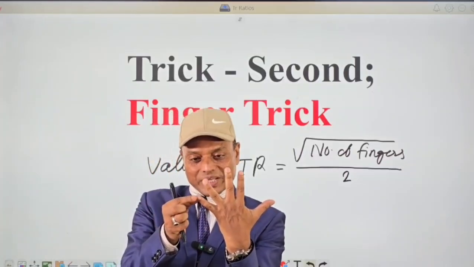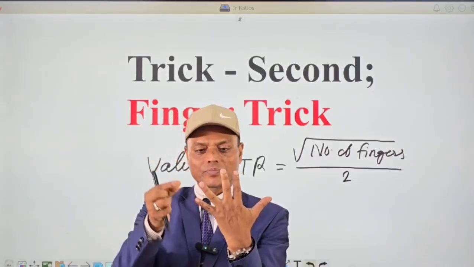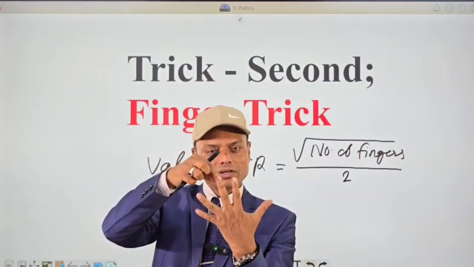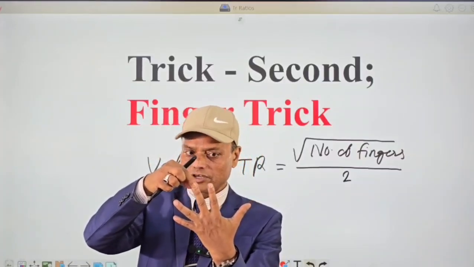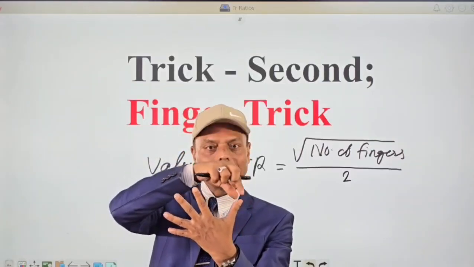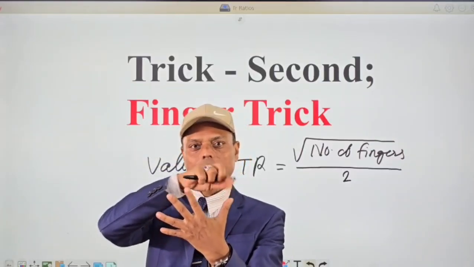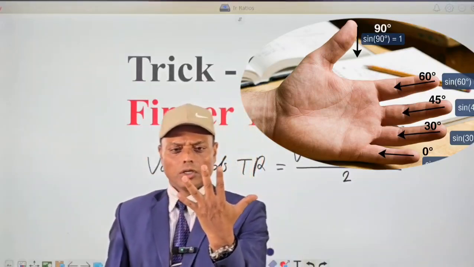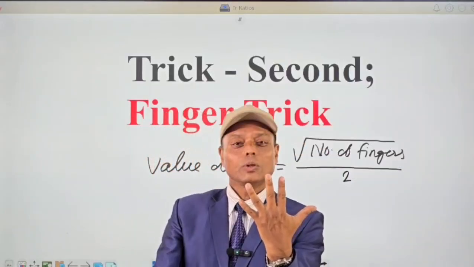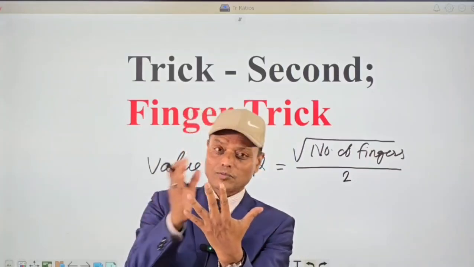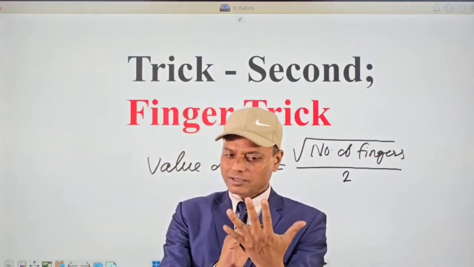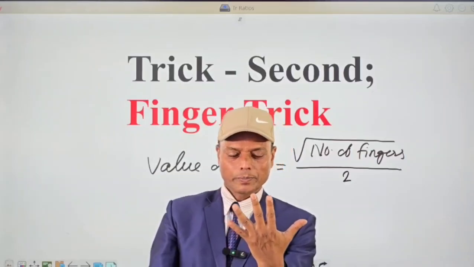Here the pinky finger represents 0 degree, ring finger represents 30 degree, middle finger represents 45 degree, index finger represents 60 degree, and thumb finger represents 90 degree. Now from pinky finger side, you will get the value of sine, and from thumb side, you will get the value of cos. Let's do it.